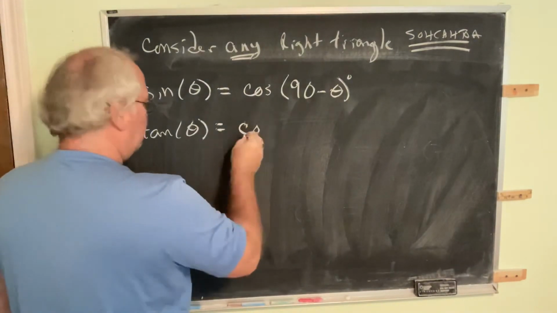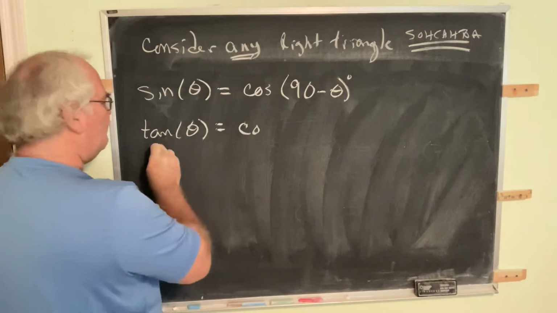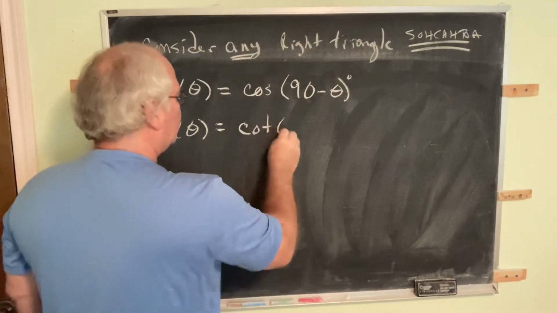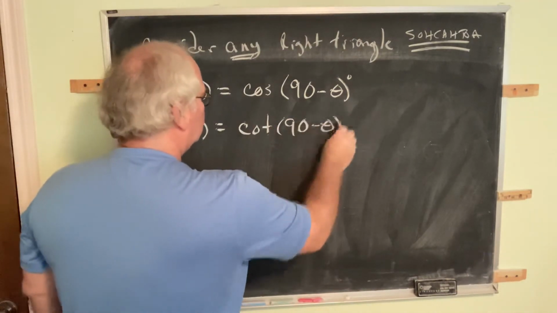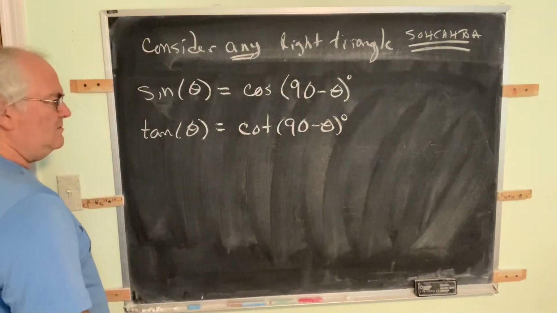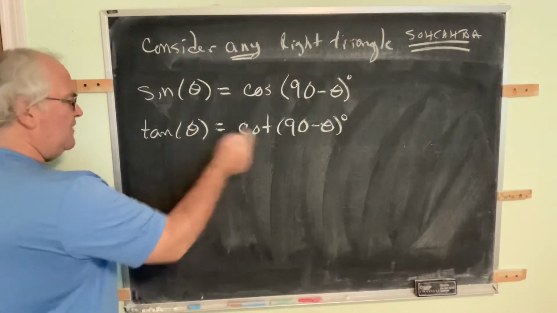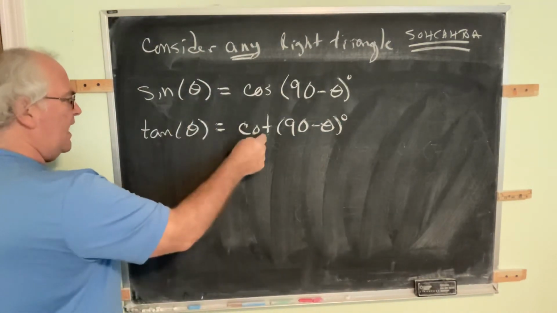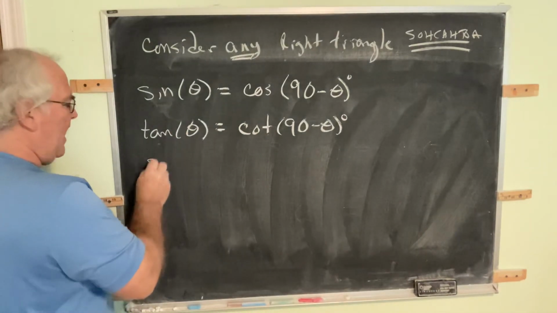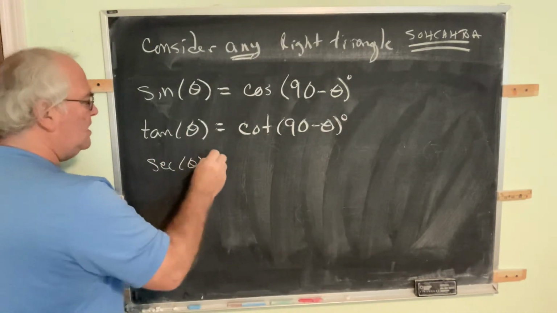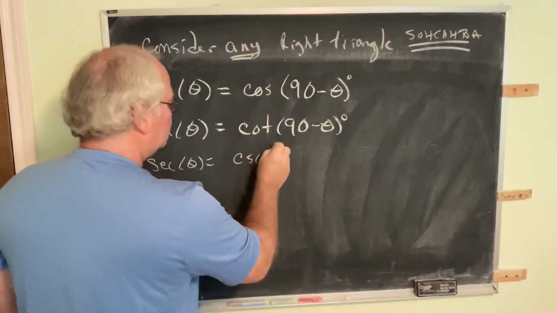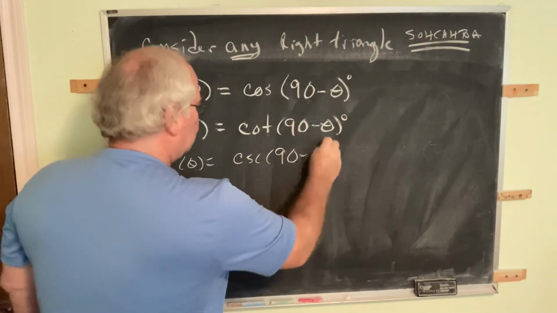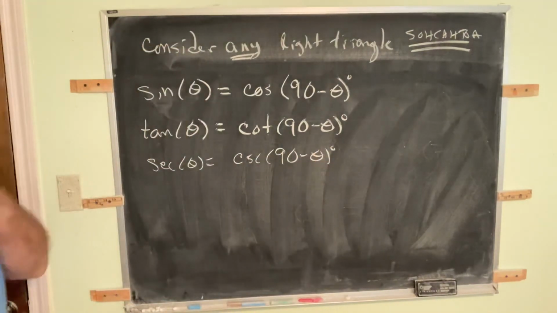Cotangent is the cofunction of tangent. And vice versa. If cotangent is here, then tangent is here. And the last is secant of theta is equal to cosecant of 90 minus theta. And vice versa.